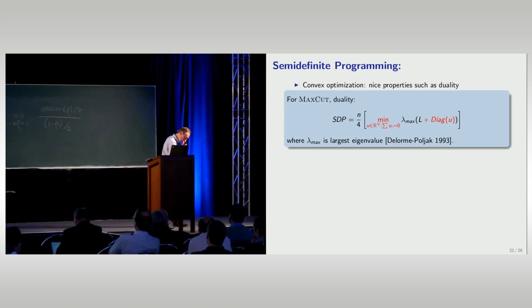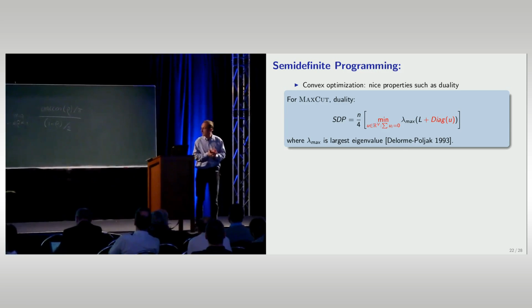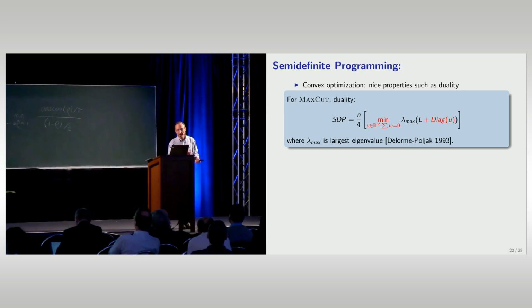Now, semi-definite programming has been used extensively, and the reason is convexity again. Convexity, convexity, convexity. And it has nice duality as well. For max cut, the way I wrote the semi-definite program, it's a maximization problem, but you can also view it as a minimization problem, and there is no duality gap.